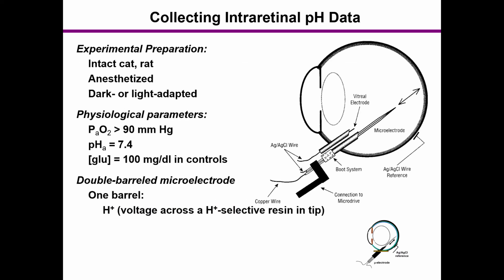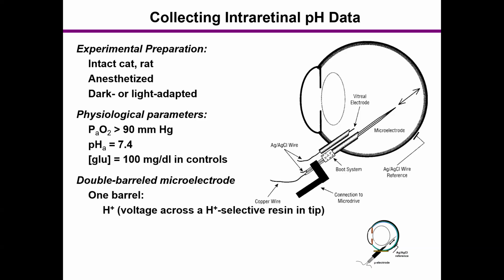So the way we do this is that we work in the eye of cats, or since about 2006, rats. These are all anesthetized animals. And mostly we work in dark adaptation, but I'll show you some light adapted data as well.